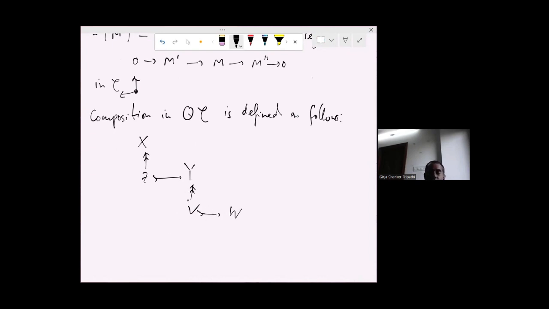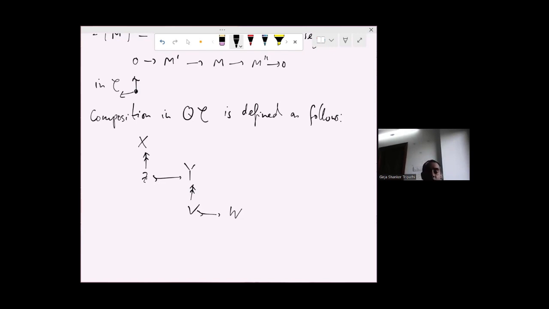Depending on whatever generality one works with exact categories, one of the properties is that every time we are given a pair of morphisms like this, pullbacks exist in that category.